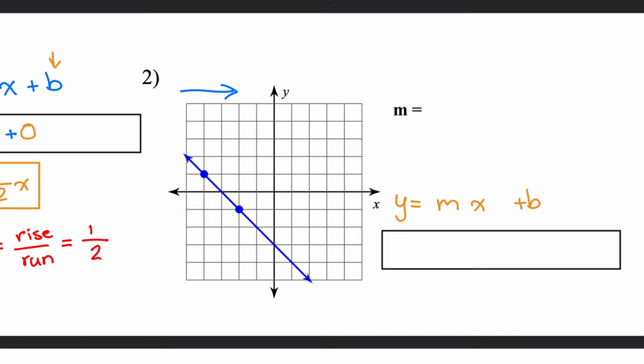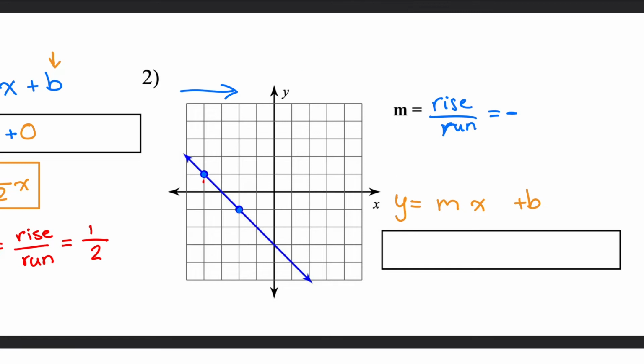So what's our slope? If we go from this point to this point, how much do we have to rise and how much do we have to run? Since we're going down, our rise is going to be the downward motion, so it's going to be negative.